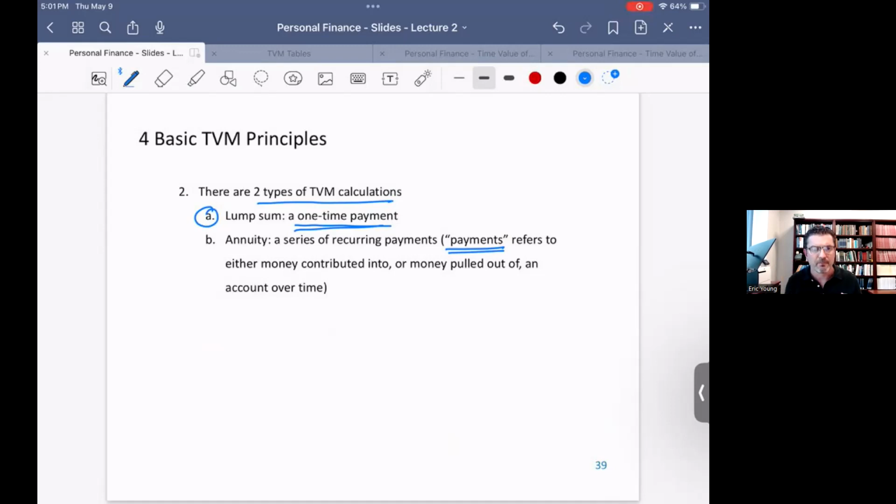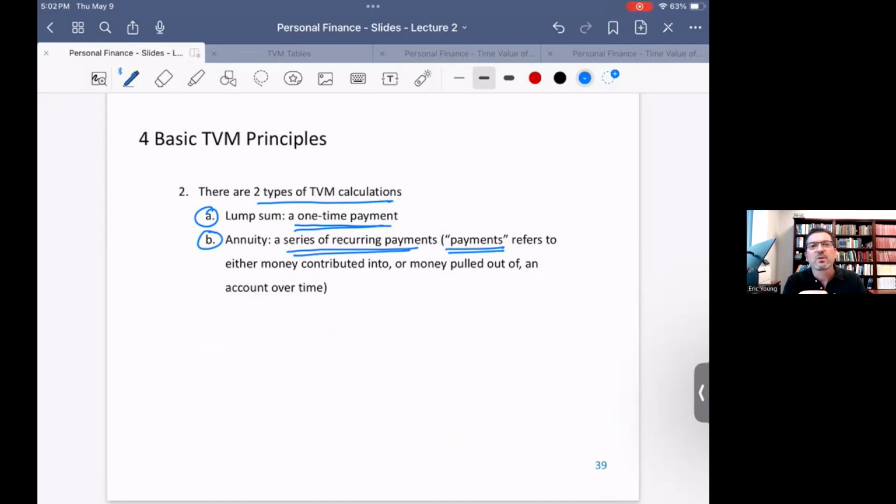You put it in one time and then you're done. That's a lump sum. The other type is what we call an annuity. Annuity is one of those words that has different uses in finance, but in the context of time value, when you're talking about an annuity, you're talking about a series of recurring payments. So I'll give you an example.